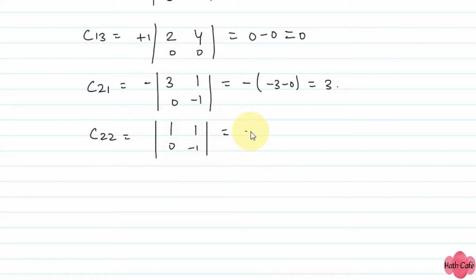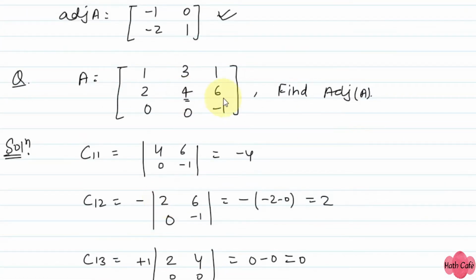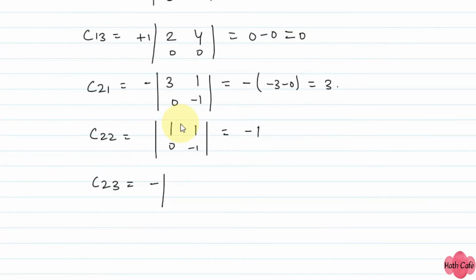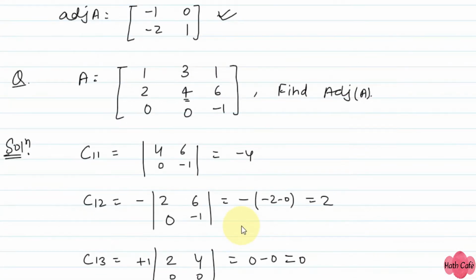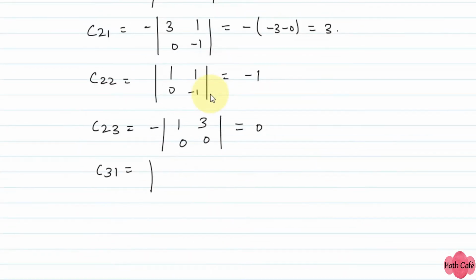So finally this value is minus 1. Alright, we'll find C23. So C23 is negative of, for C23 the minor will be 1, 3, 0, 0. So finally this will be equal to 0, and C31, the cofactor corresponding to 0, is 3, 1, 4, 6, that is nothing but 18 minus 4, that is 14.